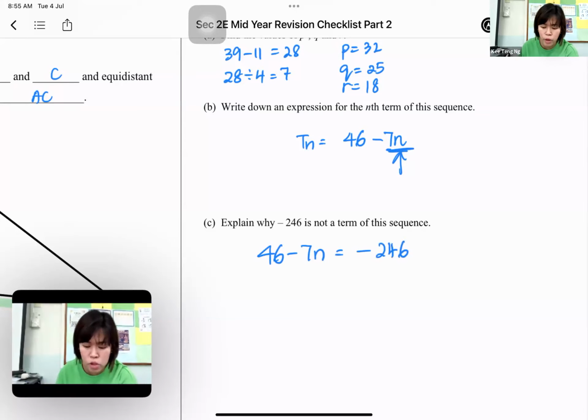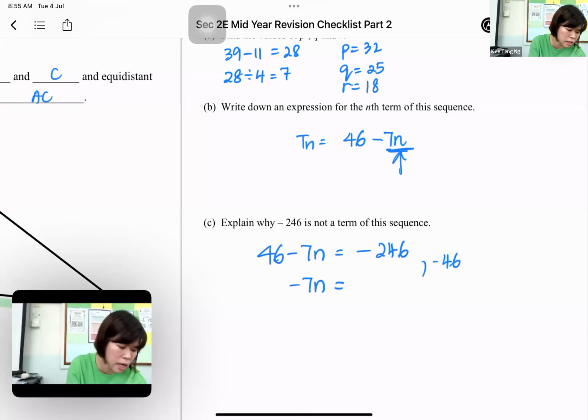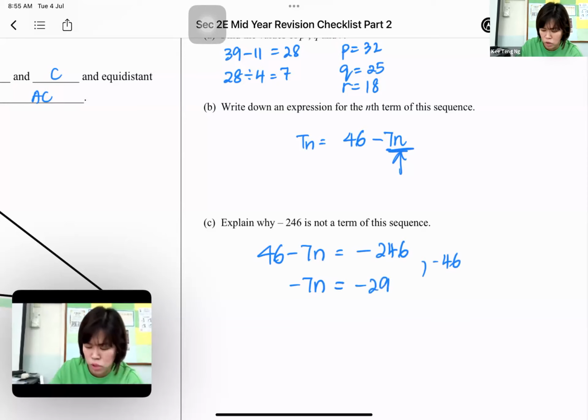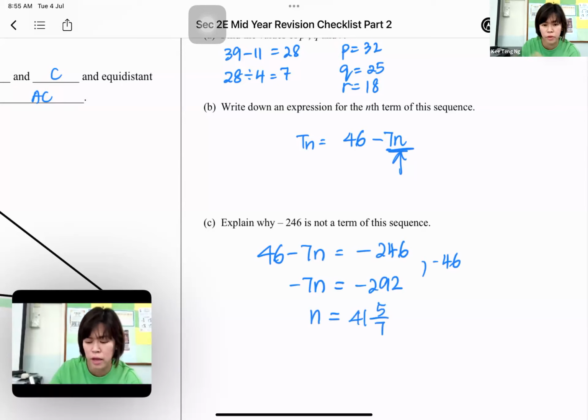So we're going to find the value for n itself. I'm going to subtract 46, negative 246 minus 46, that gives me negative 292. Divide by negative 7. Then my n is 41 and 5 over 7.